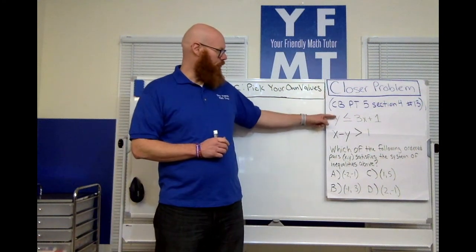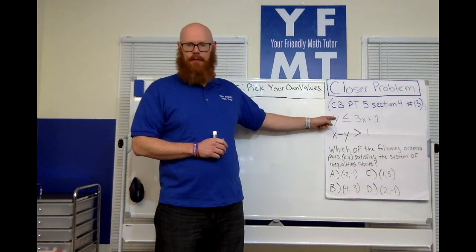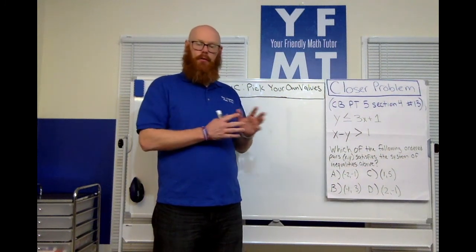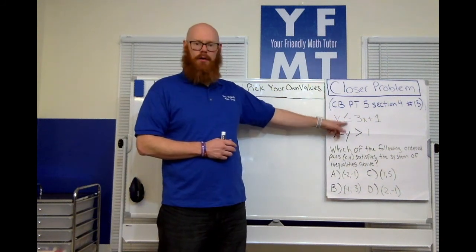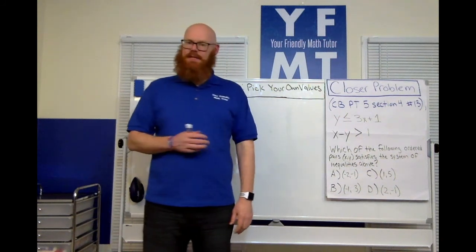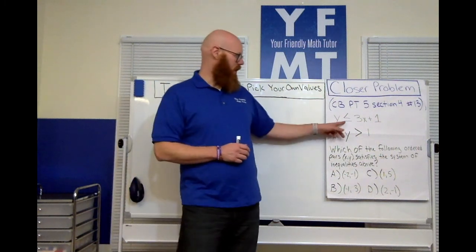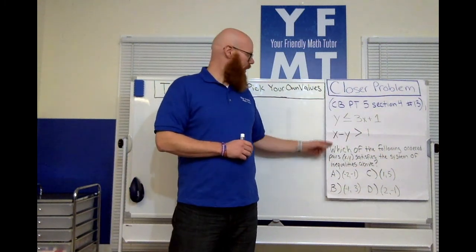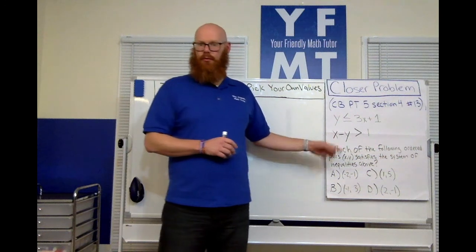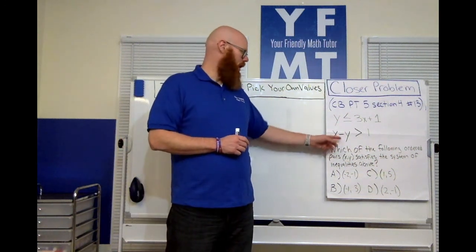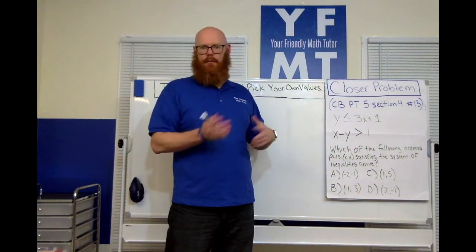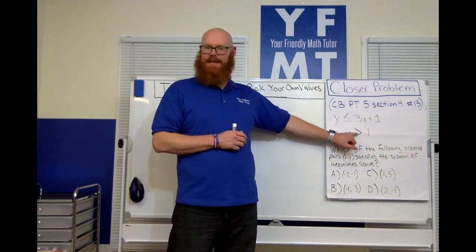We would graph the first boundary line, then shade above or below the line based on some test point. We'd have to graph a solid line because it's inclusive. Then with the second one, we'd again graph the boundary line, probably rearrange a little bit, pick a test point, and shade above or below. This one we'd have to graph a dashed line.